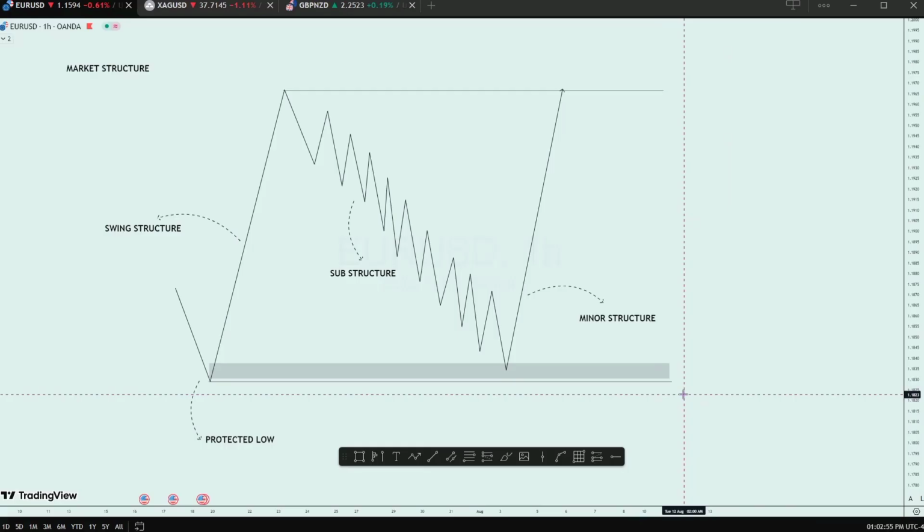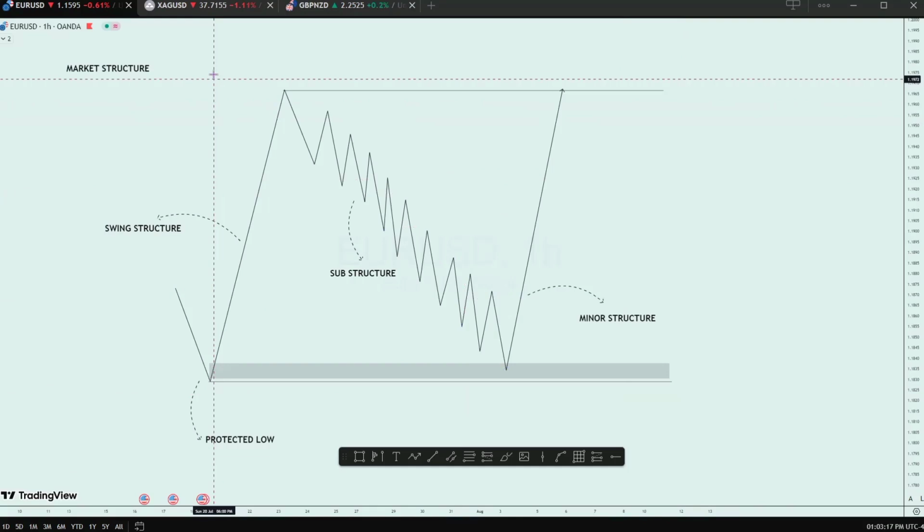So in today's video, I'm going to be talking about liquidity. Remember, we have different types of liquidity. In this strategy, I'm going to be focusing on just one, which is the previous high.